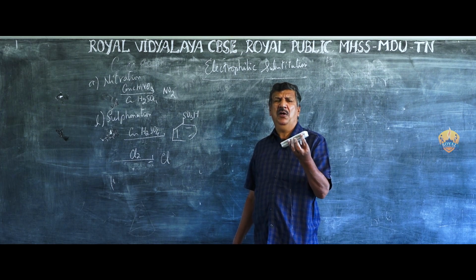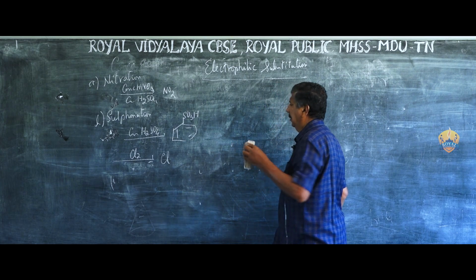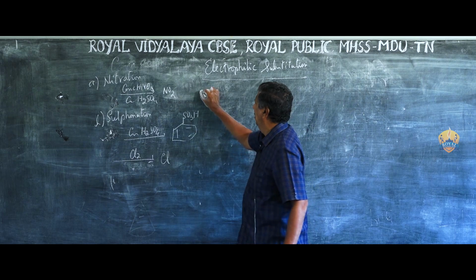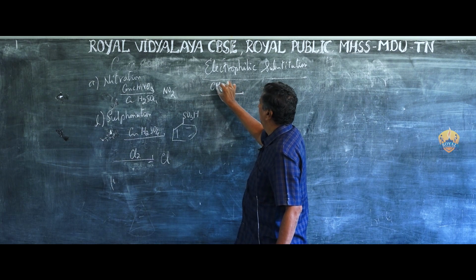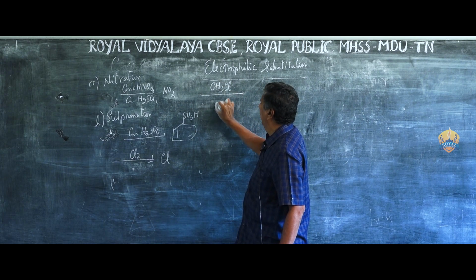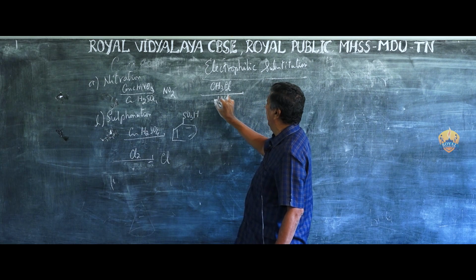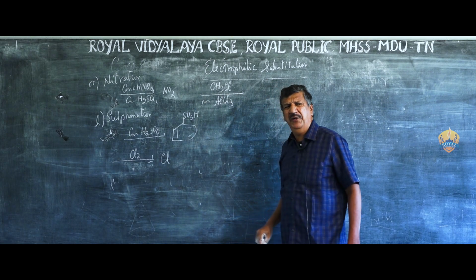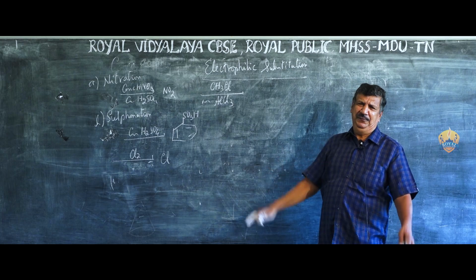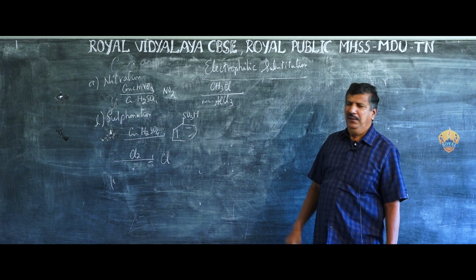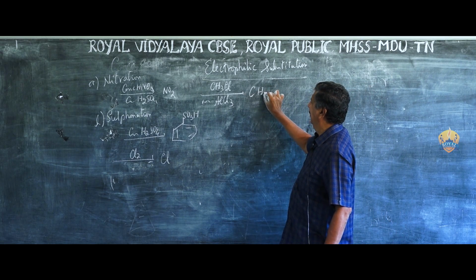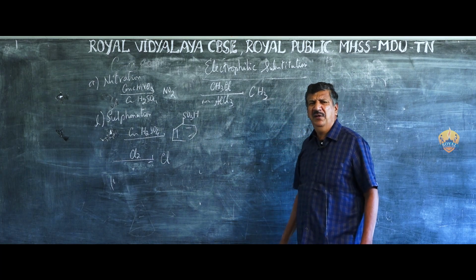It depends upon the compound. Okay. Then what is the other one? When you treat with methyl chloride in the presence of anhydrous aluminum chloride, you will call it alkylation. This group will be introduced. Methyl group introduced, it is called alkylation.